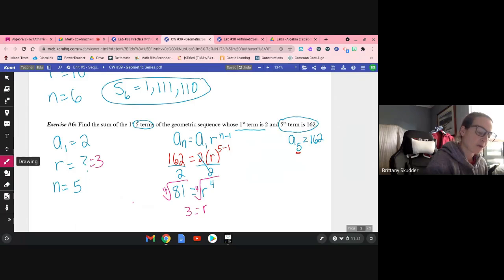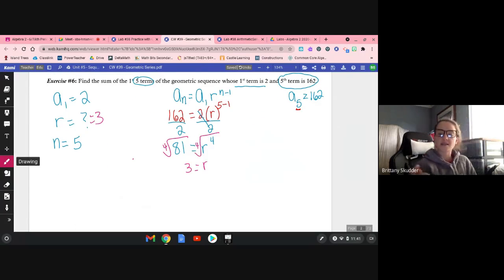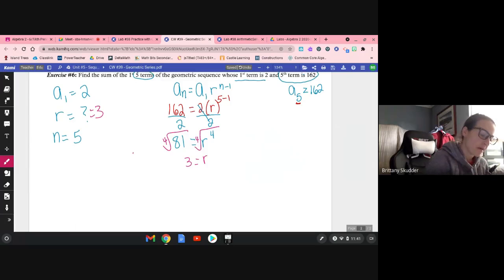And now that we have all of our information, let's calculate that sum for this problem. So the sum of the first 5 terms is equal to A1, which is 2, minus 2 times 3 to the 5th over 1 minus 3.